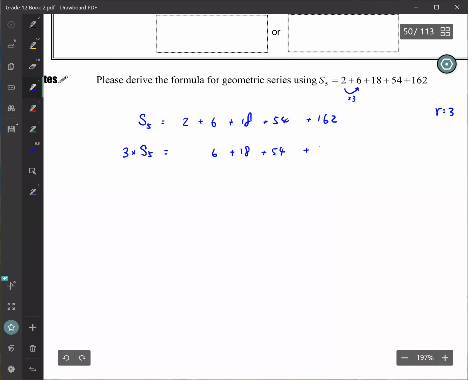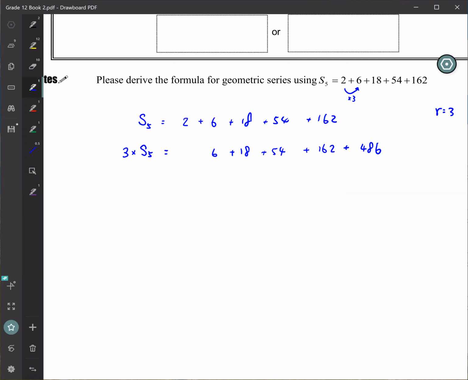And then 162 is 54 times 3. And then what is 162 times 3? Donna? 486. 486. Okay? So the total for the second line is 3 times the total of the first line, right? Because every single term got multiplied by 3.